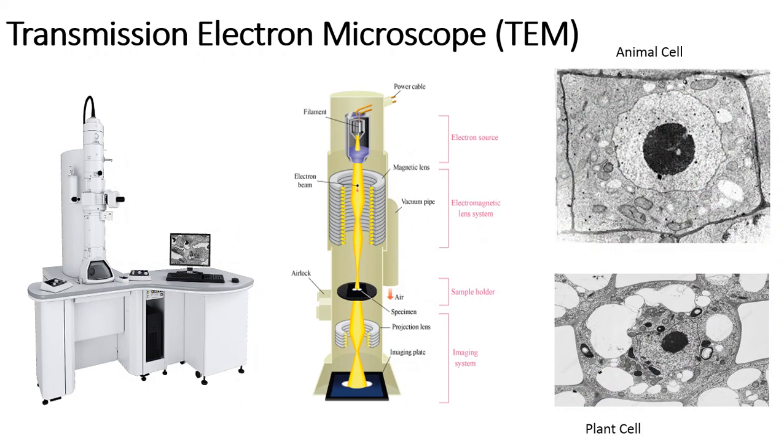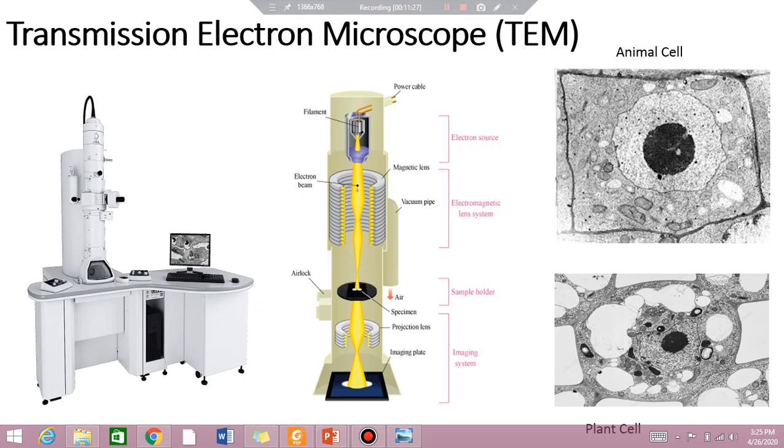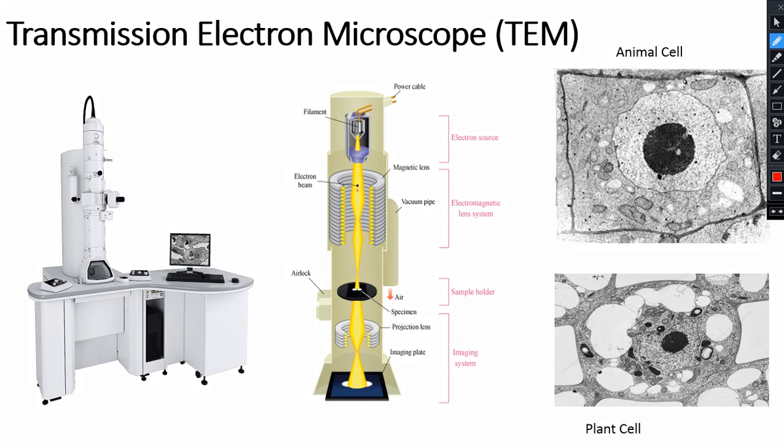When the electrons are passing through the specimen, the specimen is also made up of compounds, made up of molecules, and those molecules have atoms. So these components, these atoms, absorb those electrons.